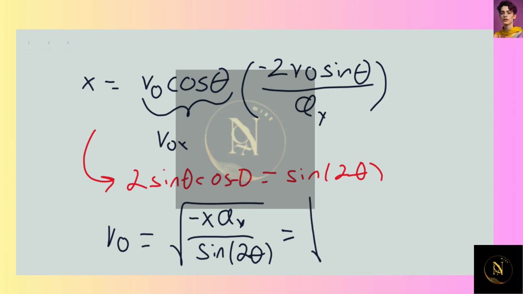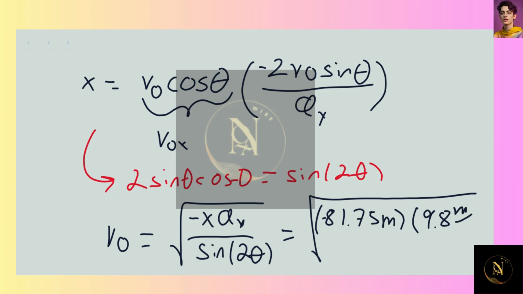Now we're going to plug in our givens: negative 81.75 meters, how far it travels, times our vertical acceleration, which is just gravity, so 9.8 meters per second squared, all over sine of 2 times 41, which is the theta that we're given in the problem.